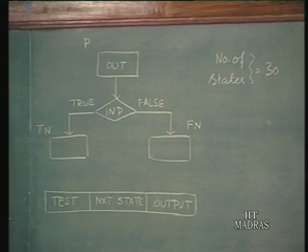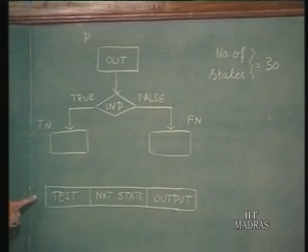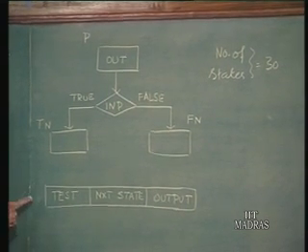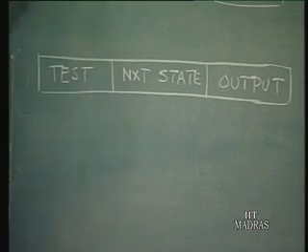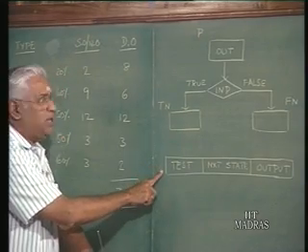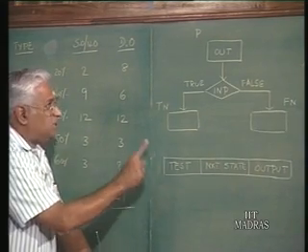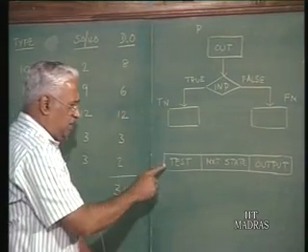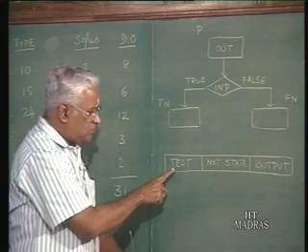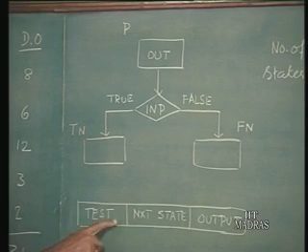Incidentally, what is this microword about? The microword is for a particular state. So, for instance, this may be possibly a microword for state P. And then if it is for the state P, then it says what are the inputs to be tested.